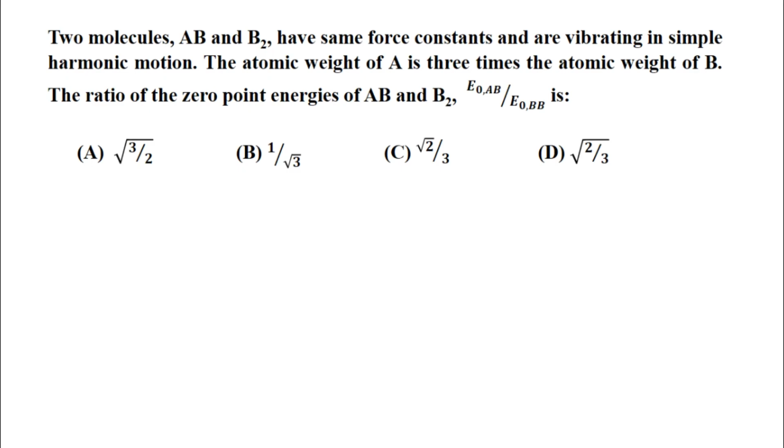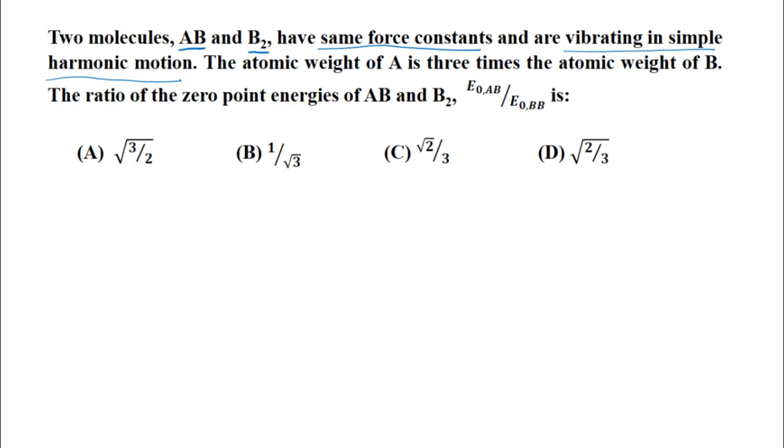So, we have two molecules, one is a heteronuclear diatomic molecule, that is A B, and the other is a homonuclear diatomic molecule, that is B 2, and these two molecules have same force constants and are vibrating in simple harmonic motion.